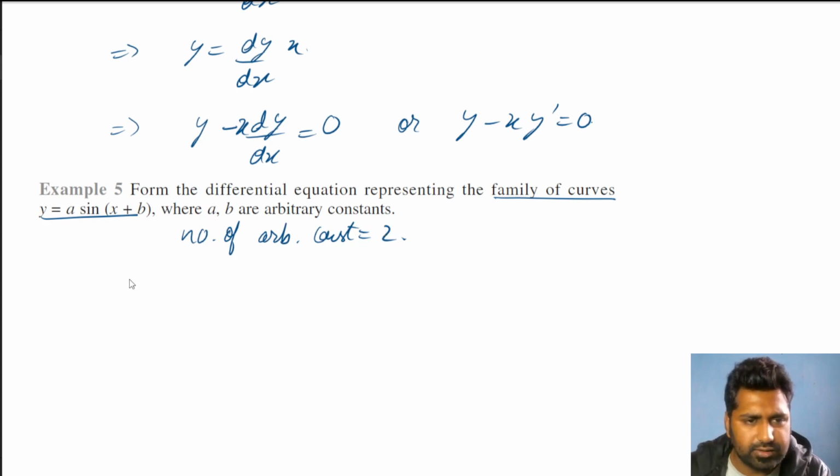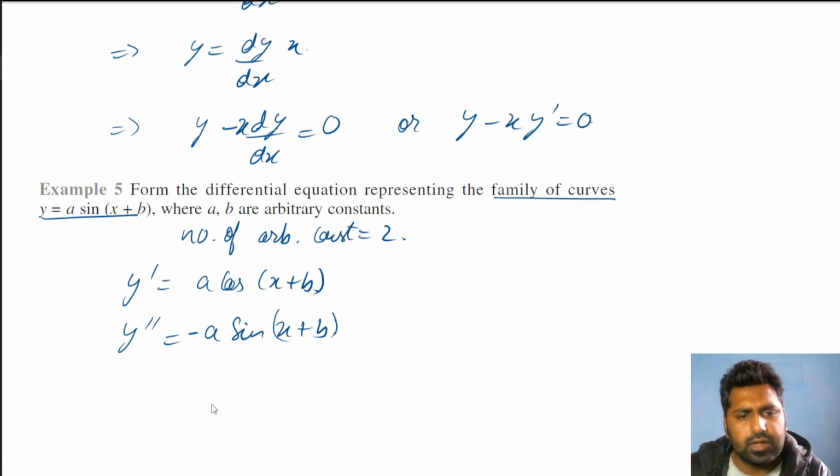So let's create first of all y dash. y dash is equal to, what is the differentiation of a sin(x plus b)? It will be a cos(x plus b). Then differentiate again, because 2 times you have to differentiate. So y double dash is again minus a sin(x plus b). Now you'll think, like for the last question, what did we do? We replaced the value of m.